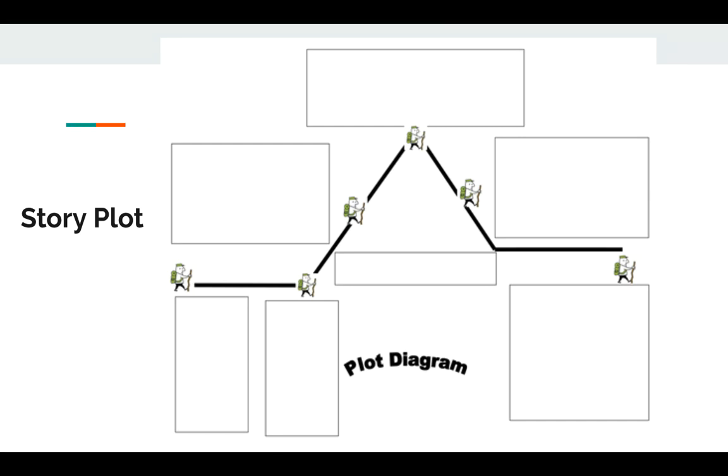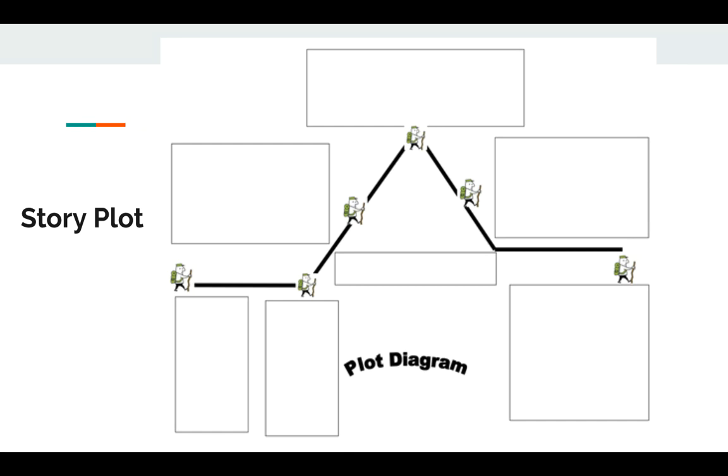Then as I continue to walk along my storyline, we get to right before it goes upward. What am I finding out in that part of the story? At the beginning of the story, after the setting, we usually find out the conflict. So what is happening with the story?